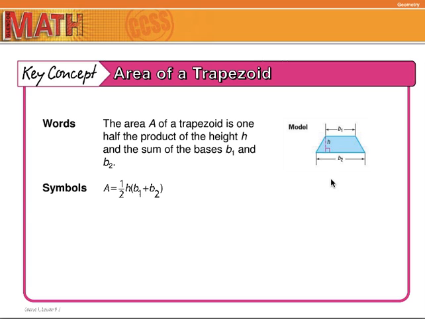So anyway, let's talk about the formula. The formula is area equals 1/2 the height times base 1 plus base 2. So you see how that's in parentheses, and we've learned about PEMDAS and order of operations. So right now, a lot of what we've learned so far this year is really coming into play in the formula for the area of a trapezoid.